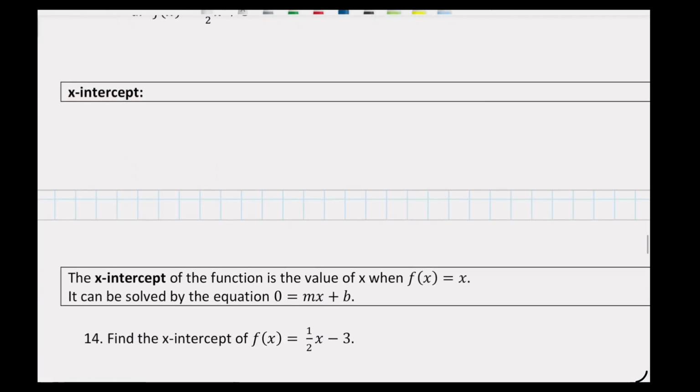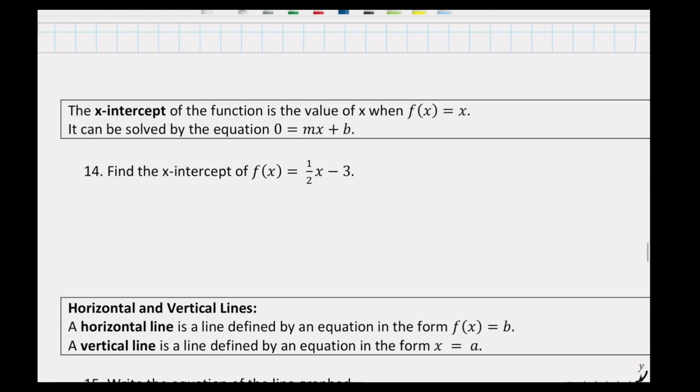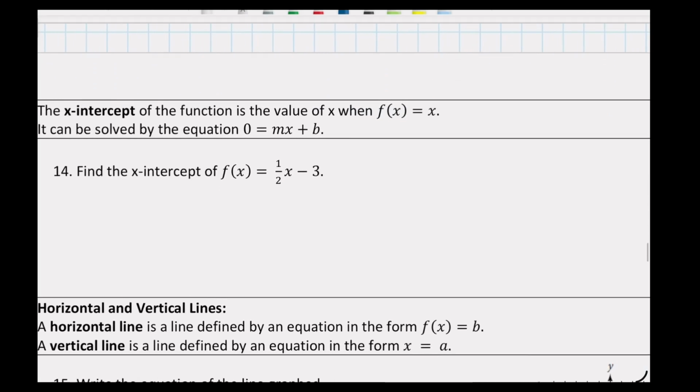X-intercepts. Now, we know that B is the y-intercept, so what's the x-intercept? Well, the B value, 0, B, that's the y-intercept, and we can find it in the equation.